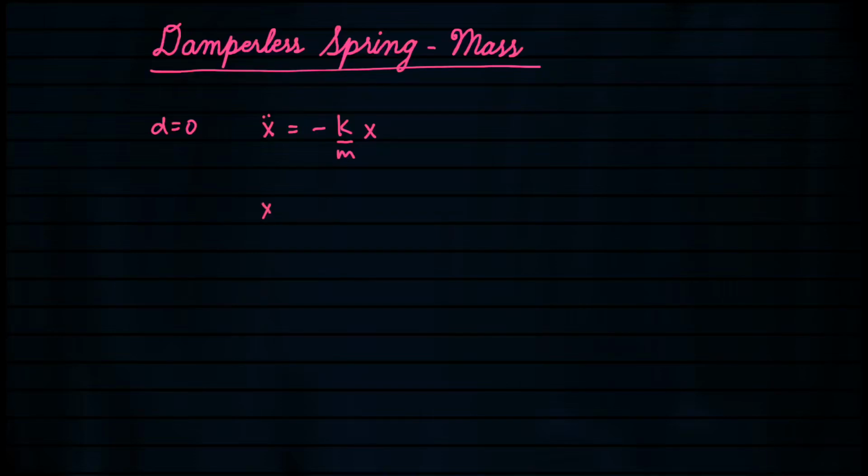instead of having to do an extra integration step, we can just go straight to the position. So we'll have some constant c, which is the amplitude, times cosine of the square root of k over m times t plus phi.